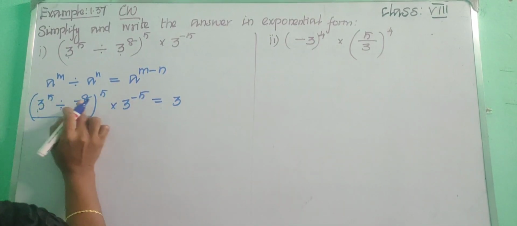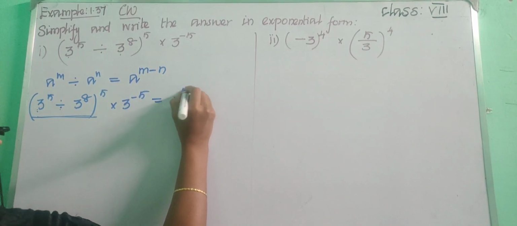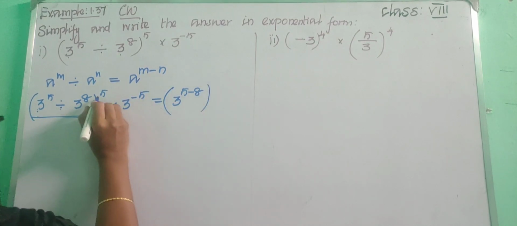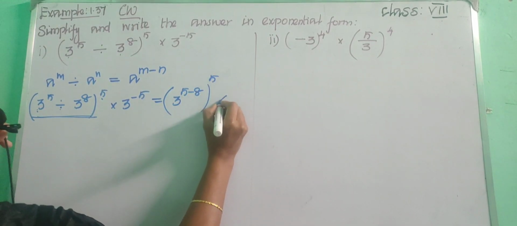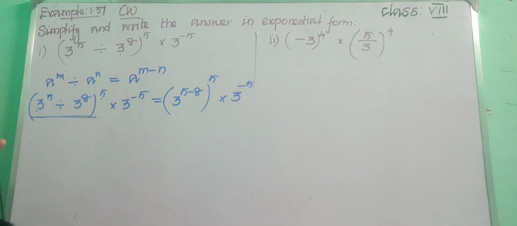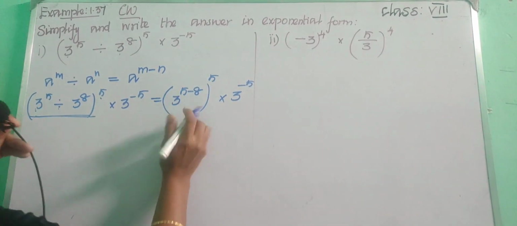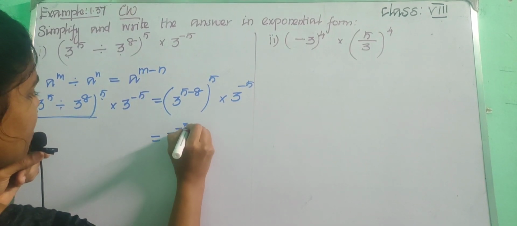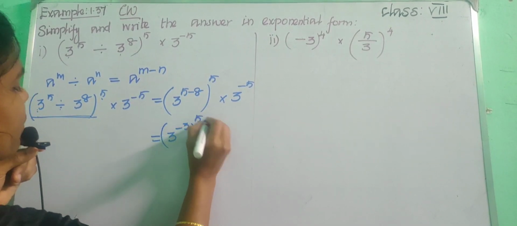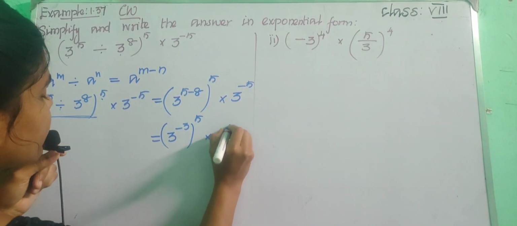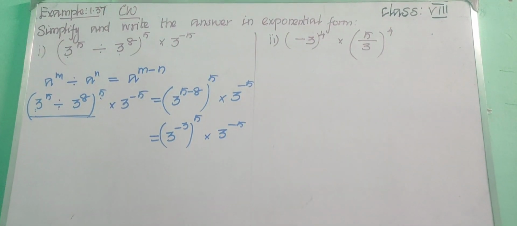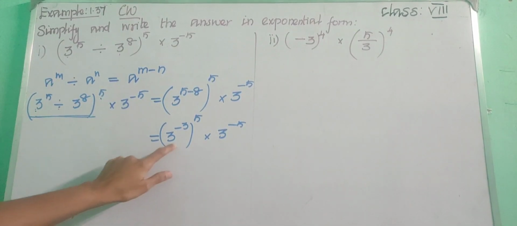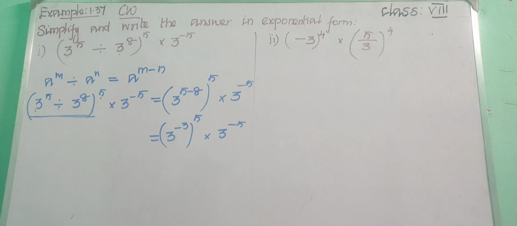So 5 minus 8, the whole power 5 into 3 power minus 5. Now subtracted 5 minus 8, we get minus 3. So 3 power minus 3, the whole power 5 into 3 power minus 5. Is it clear, children? Simply we solved the brackets using this formula. So now we got 3 power minus 3.